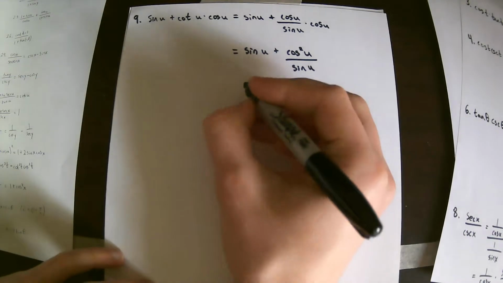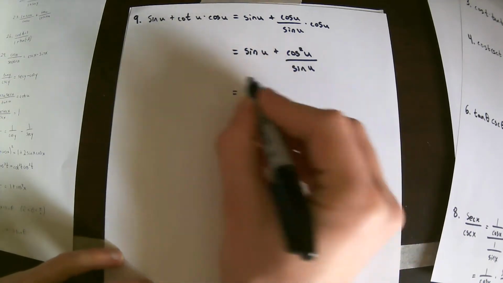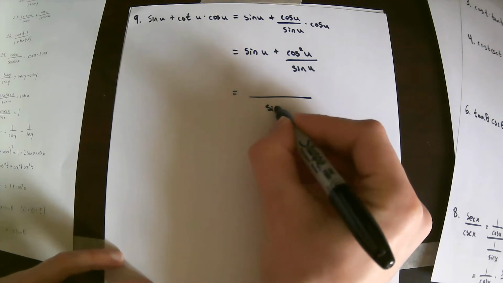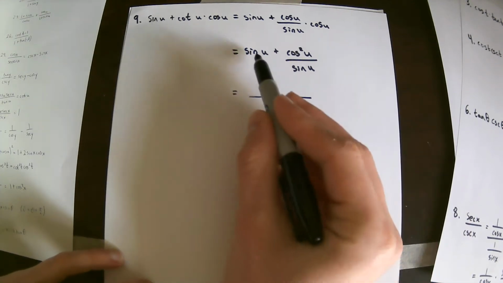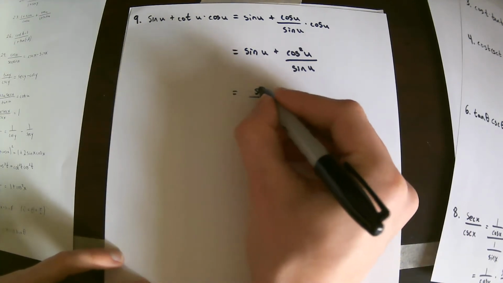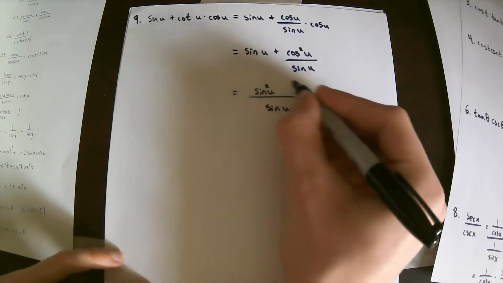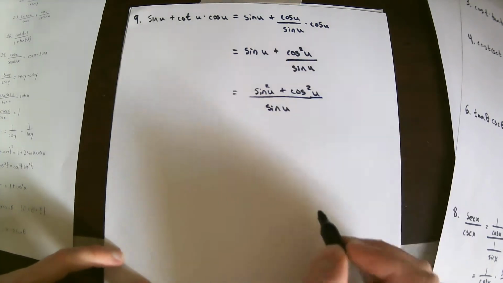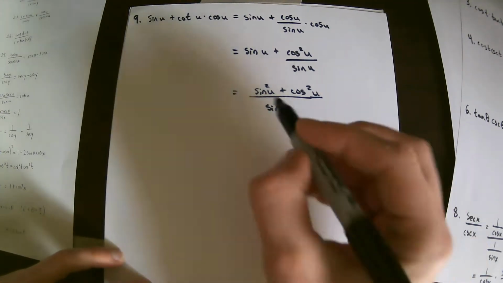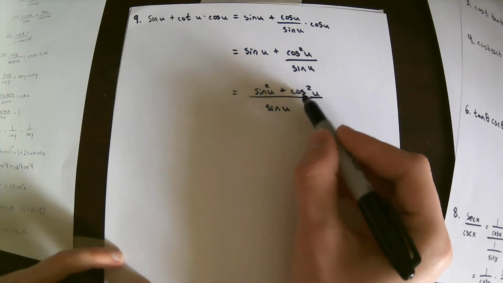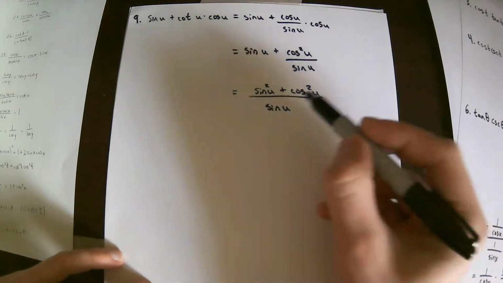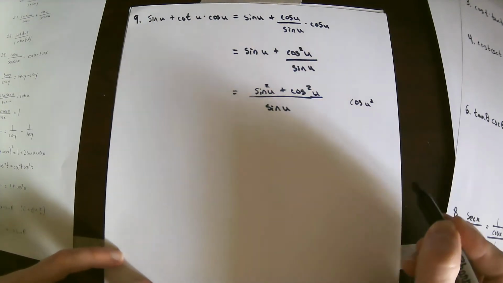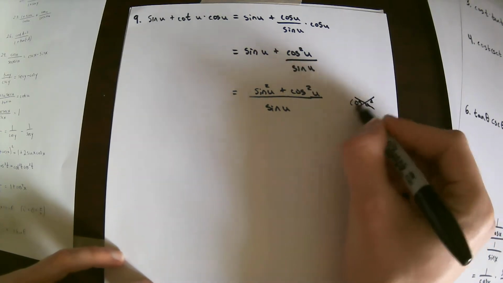So I can write this as, if my common denominator is going to be sine of u, then I'll need to multiply this by sine of u, and I end up with sine of u squared plus cosine of u squared. Or I should say sine squared of u plus cosine squared of u. If I say cosine of u squared, that makes it sound like we're doing this. That's not the same, so I misspoke.